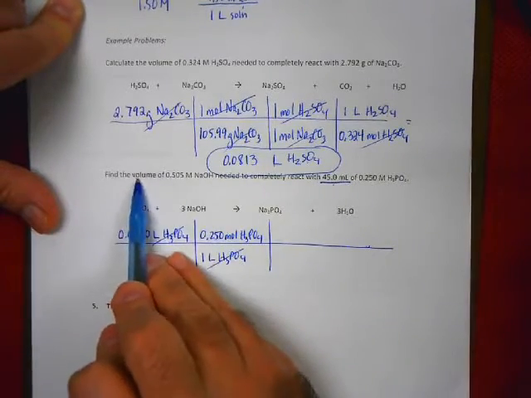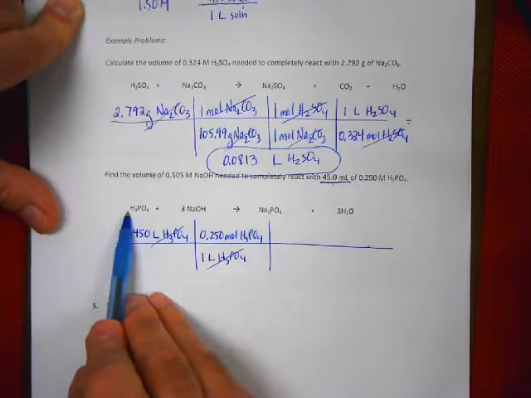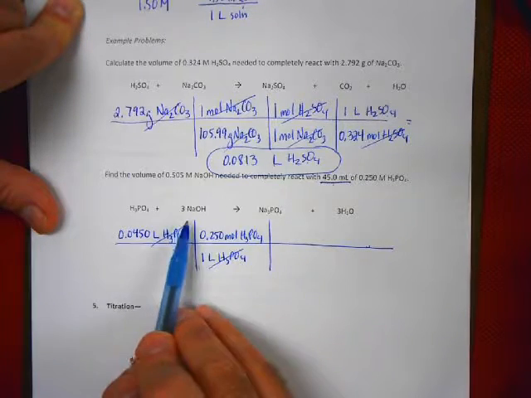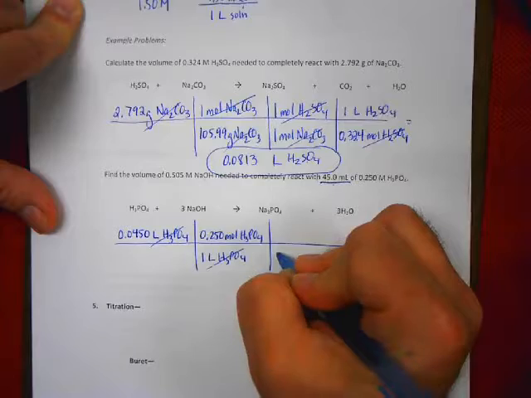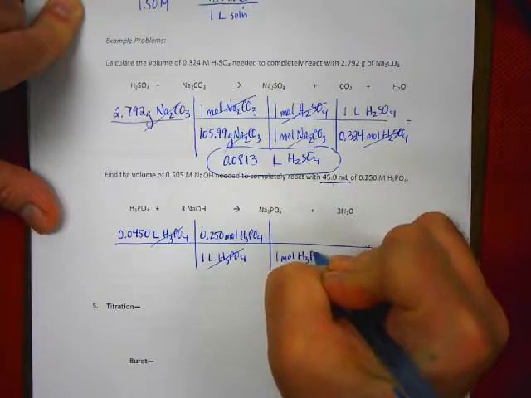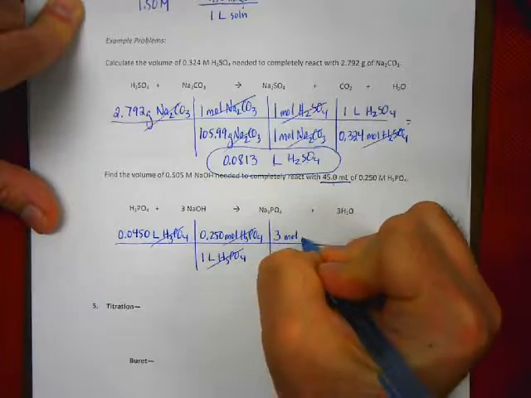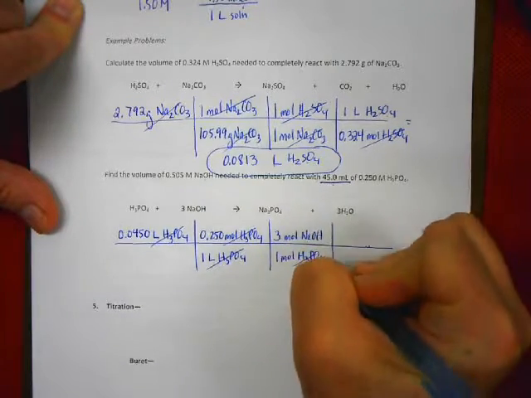Well, we want the volume of NaOH. We're given H3PO4. There's a 1 in front of H3PO4 and a 3 in front of NaOH. I want these units of moles of H3PO4 to cross out, so I'm going to put that in the bottom, and 3 moles of NaOH on top.